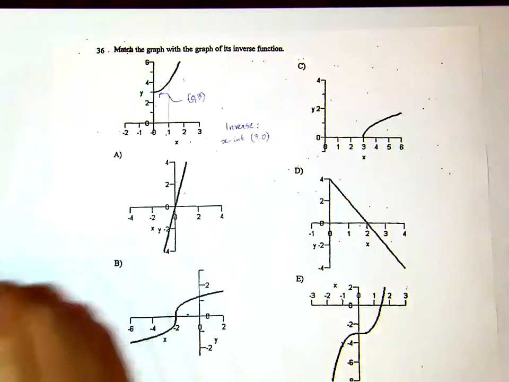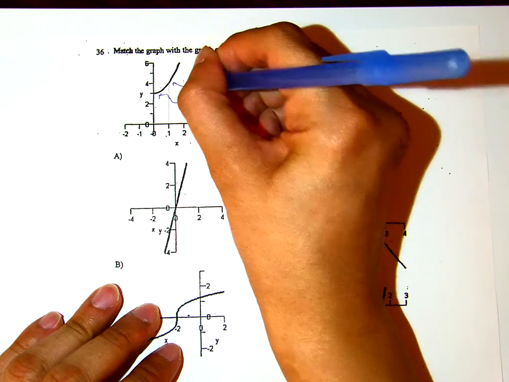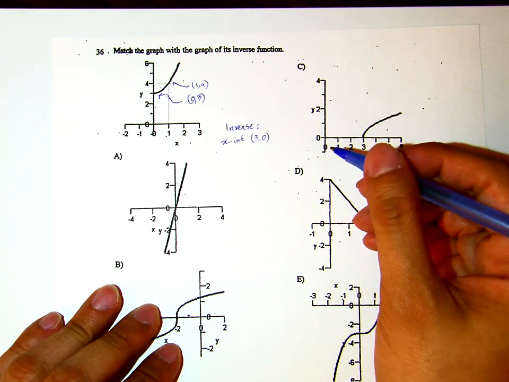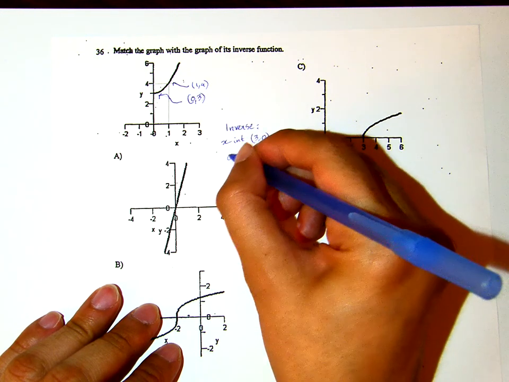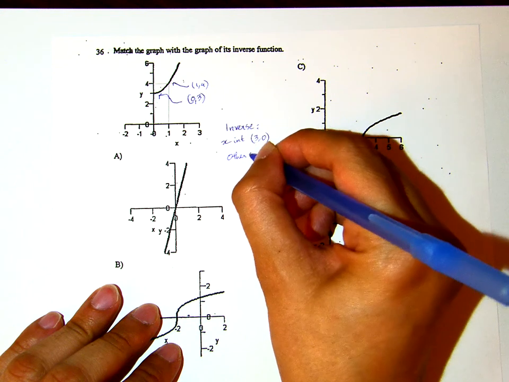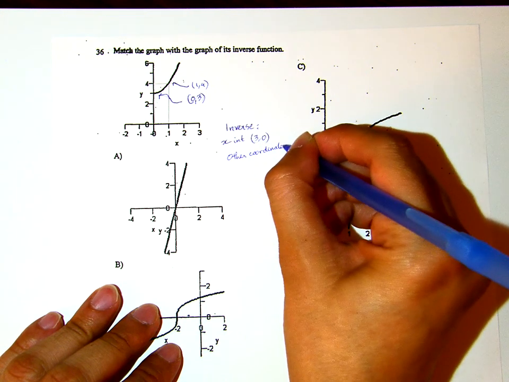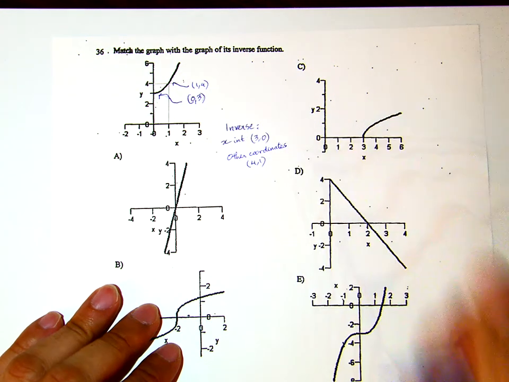So one of the coordinates we have there is 1,4. So if we take a look at the inverse, then the other coordinates are 4,1. You reverse the x and the y, right?